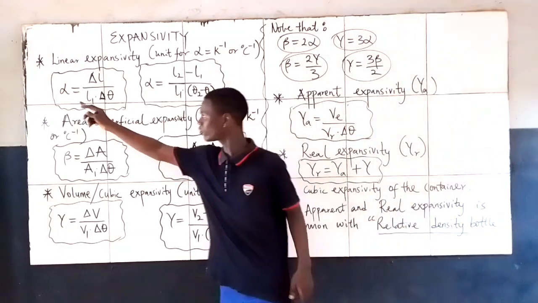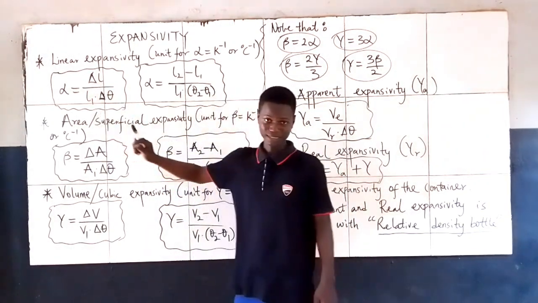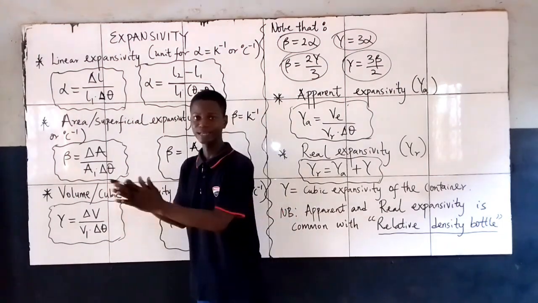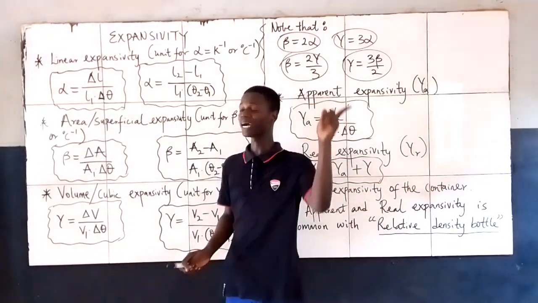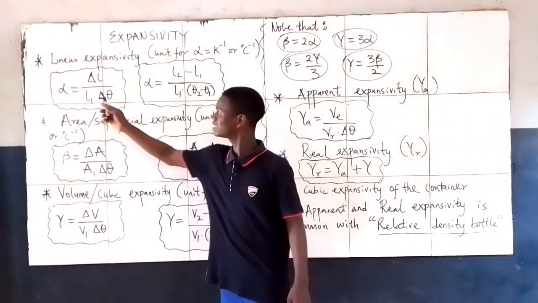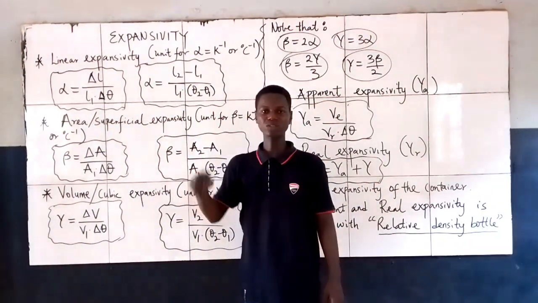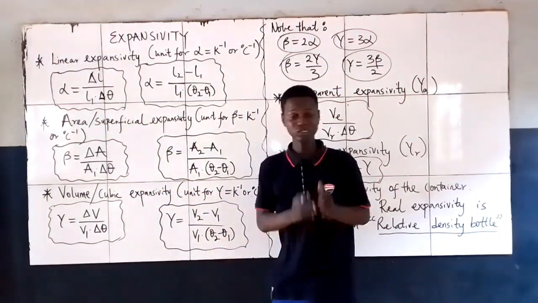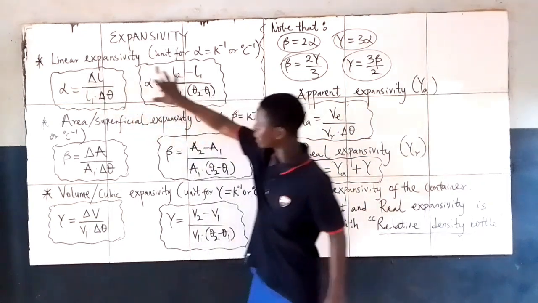The formula for linear expansivity: alpha is equal to the change in length, delta L, over the initial or original length times the rise or change in temperature. Whenever you see delta, it stands for change in. So this is change in temperature, because theta stands for temperature.